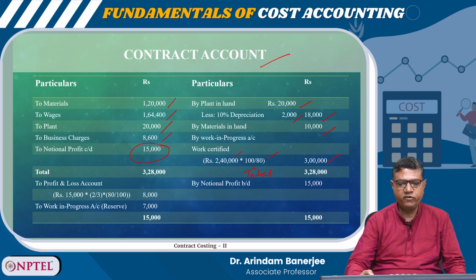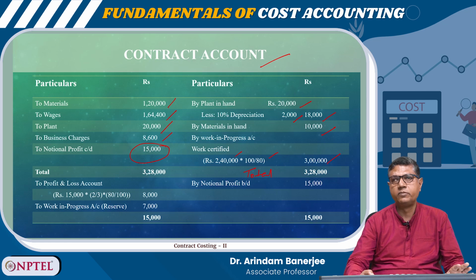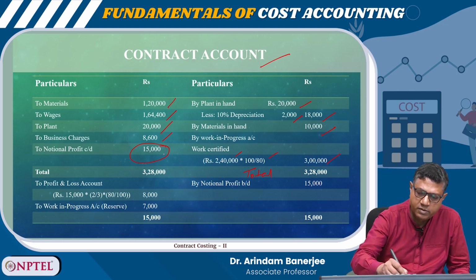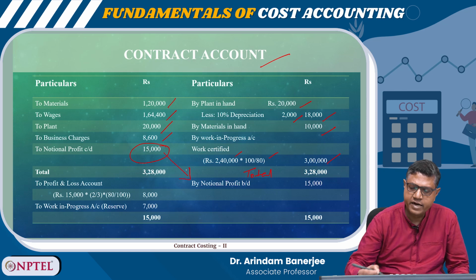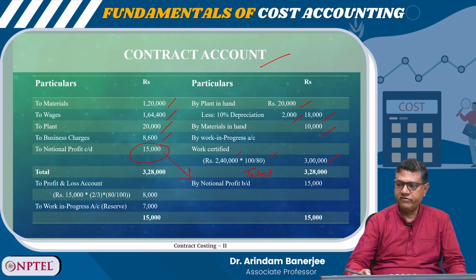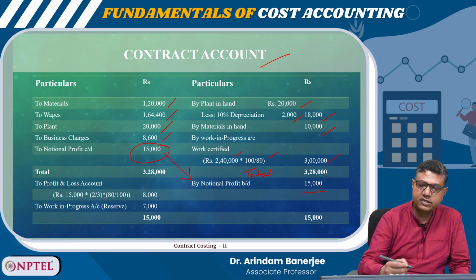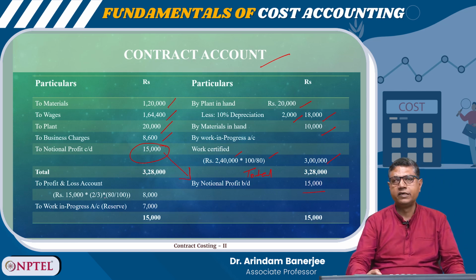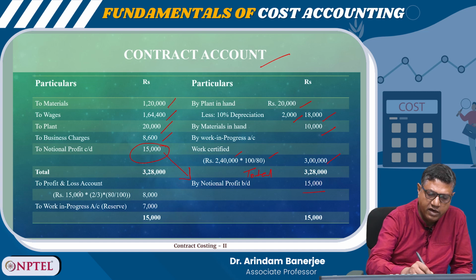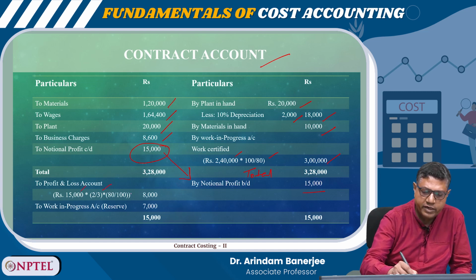Now, for calculation of transfer to the profit and loss account, this notional profit 15,000 I am bringing down here, and out of which 2/3, because 80% work is certified. So, 15,000 into 2 by 3 into 80 by 100 comes to 8,000.